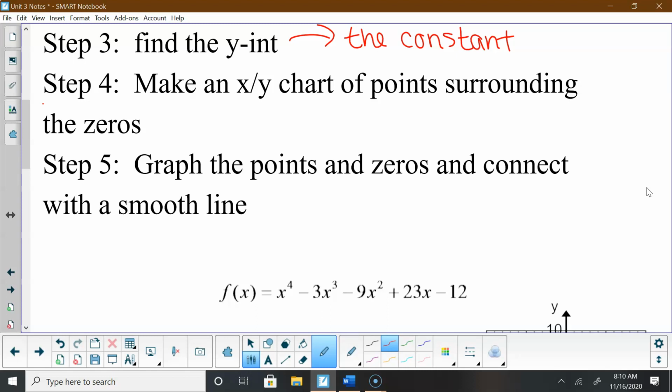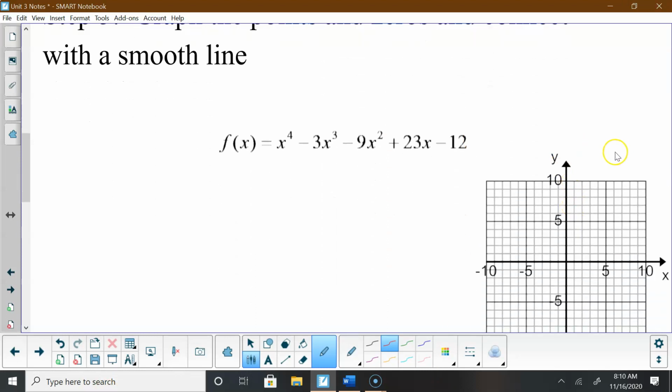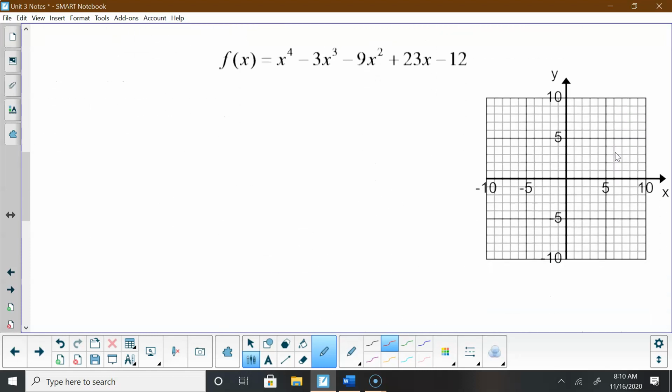Okay, so you've got your first example right here. And I just noticed a minor mistake.